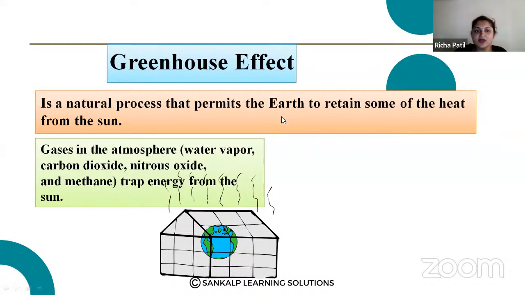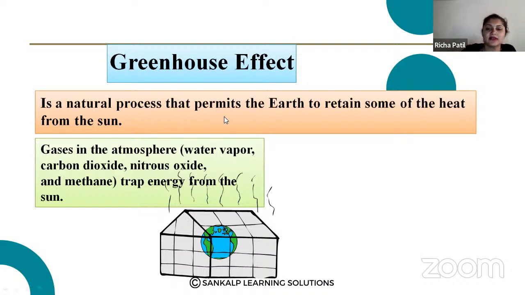Just as the glass absorbs harmful radiation and keeps the plants warm, our atmosphere protects us from harmful radiation and gives only as much warmth as is required.